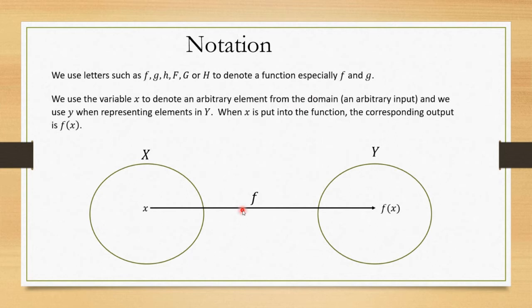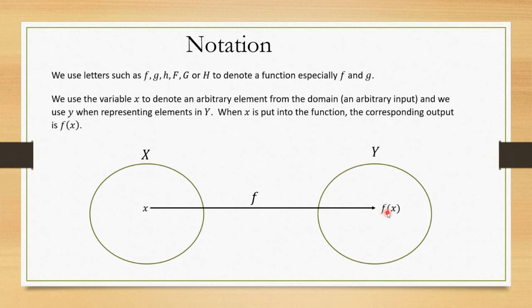And this was in the definition as well. The little x here usually denotes an arbitrary element from the domain. Now, x goes into the function, but what actually comes out is going to be denoted by this. And this is read as f of x.